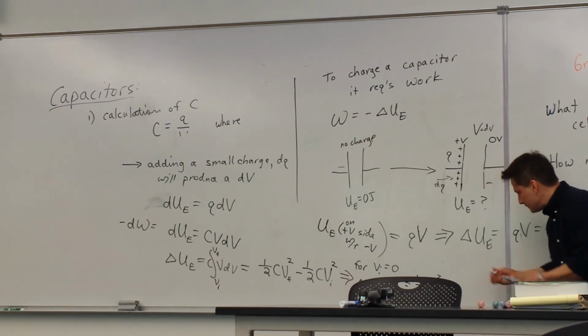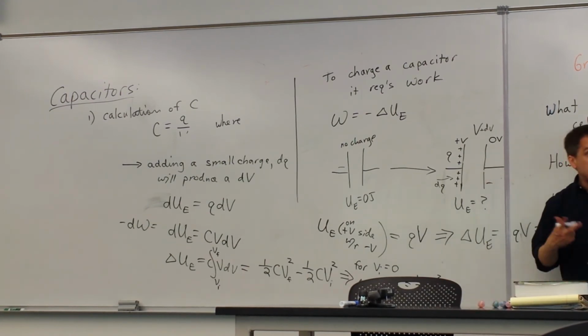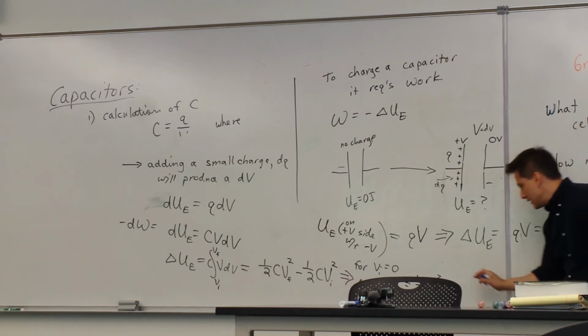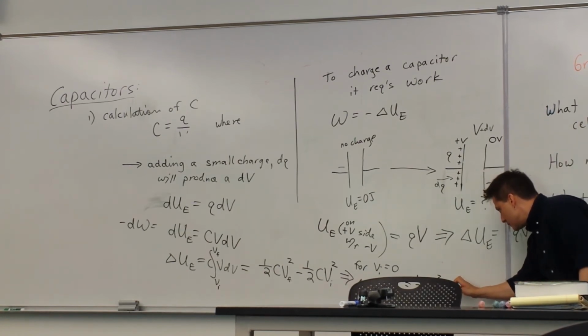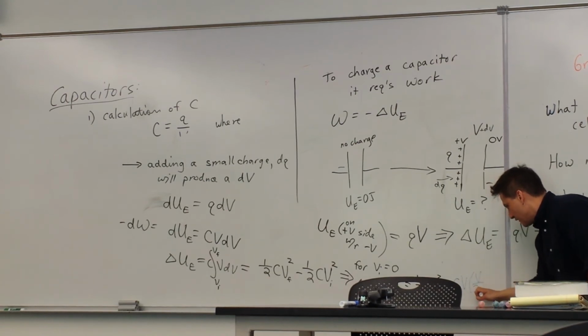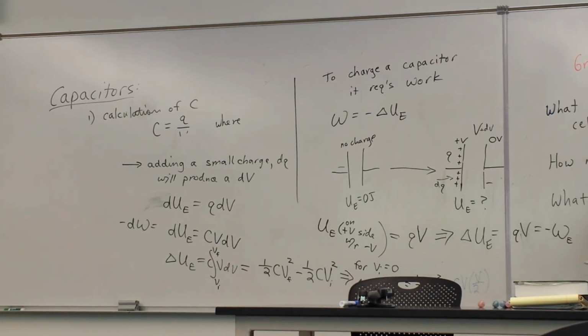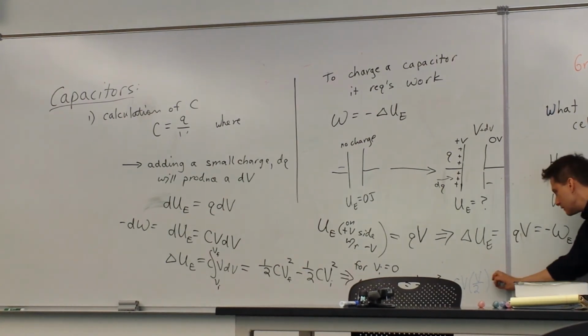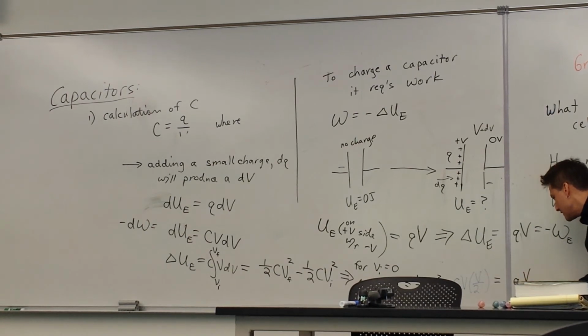And as a note, this would happen to correspond to C times V divided by 2, which corresponds to Q times V divided by 2.